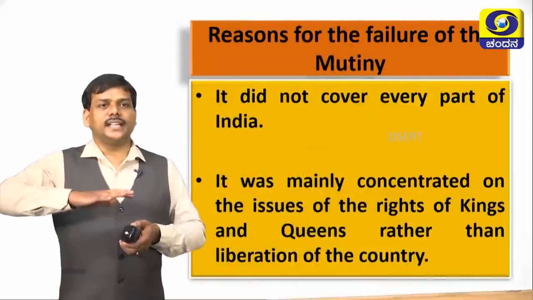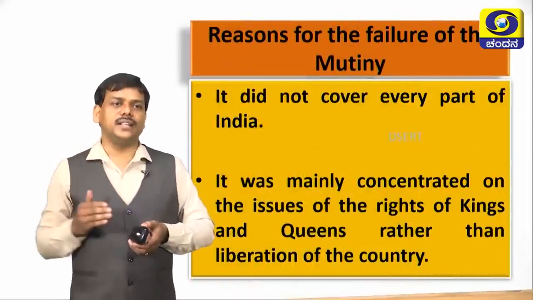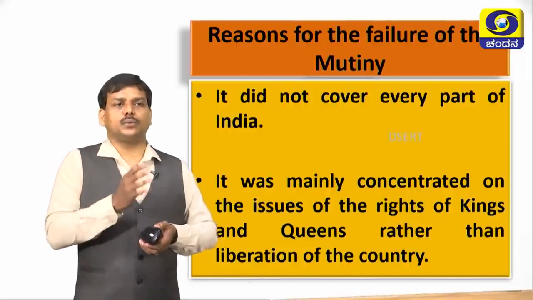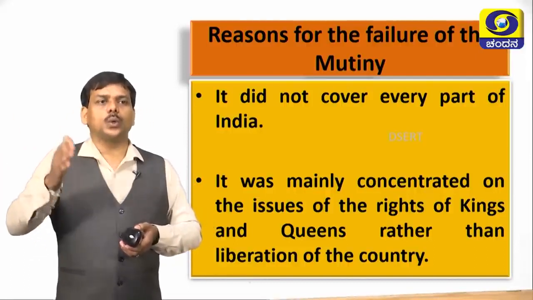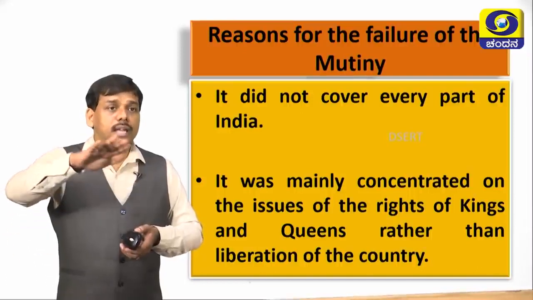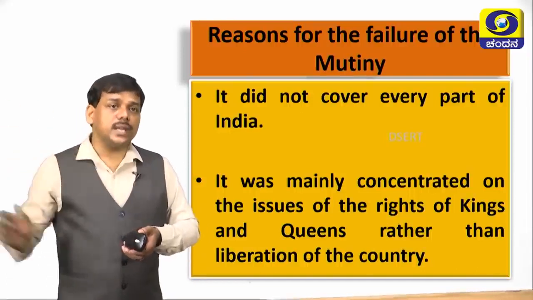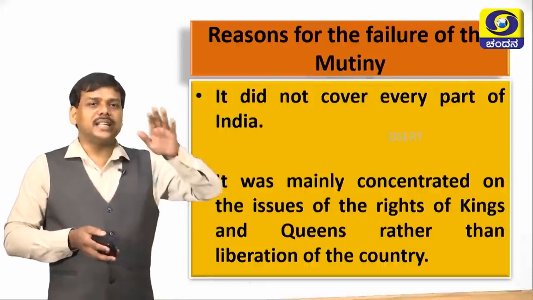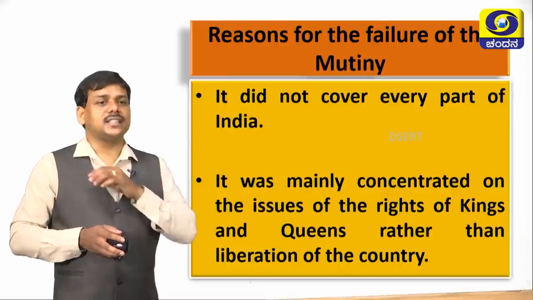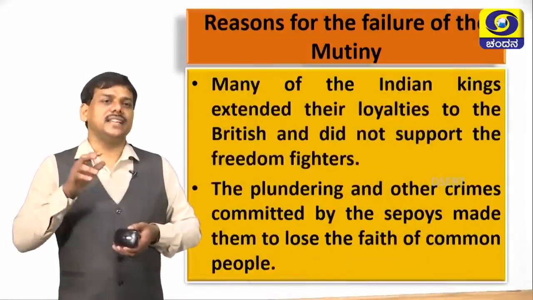And also it did not cover every part of India. It covered only few parts of India like Barakpur, Meerut, Lucknow, Jhansi, Oudh, etc. It did not cover every part of India. It was mainly concentrated on the issues of the rights of kings and queens rather than liberation of the country.